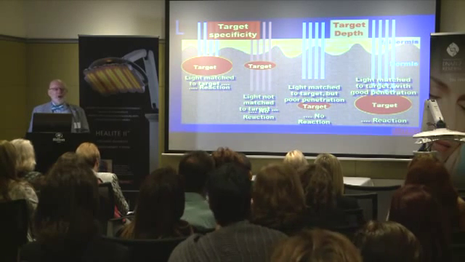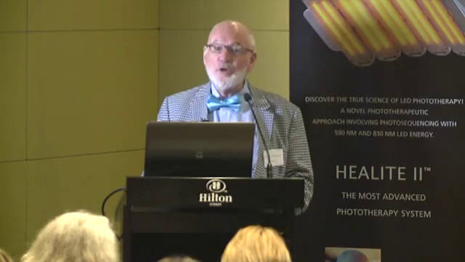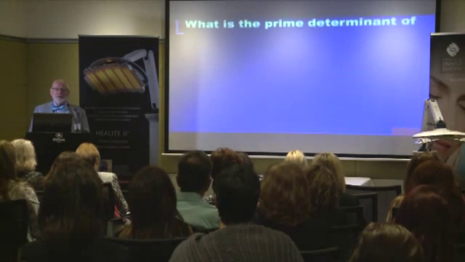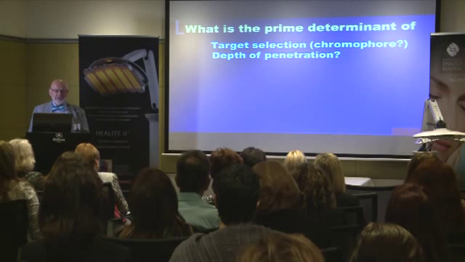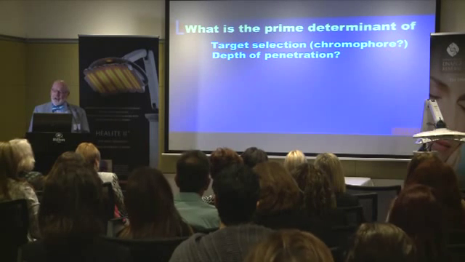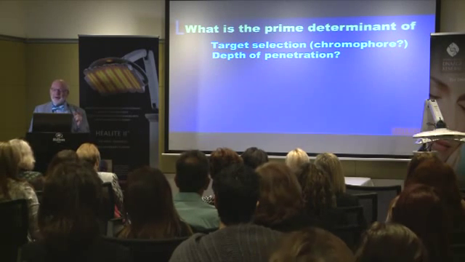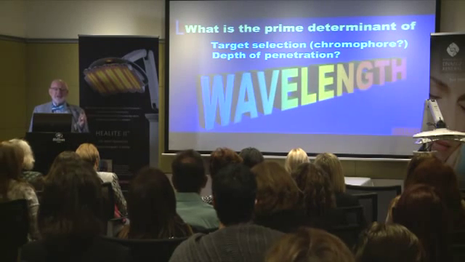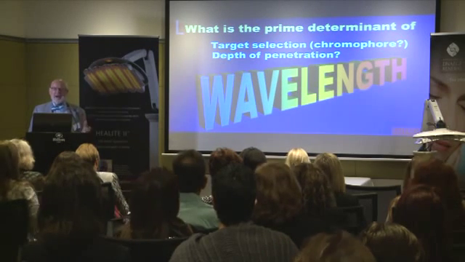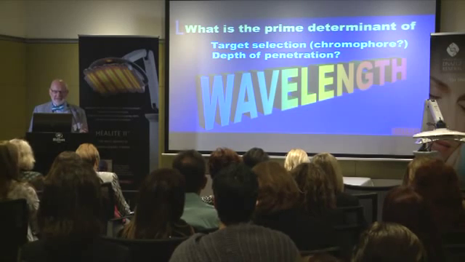And there's only one aspect of light that determines both target specificity, or chromophore, and also the depth to which the light will inherently penetrate into tissue. And you might think, aha, that's the output power. No. The most important factor is the wavelength or color of the light.